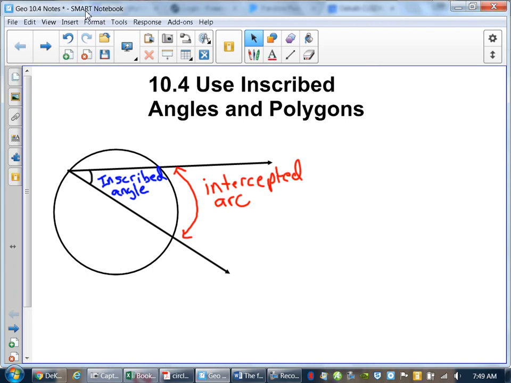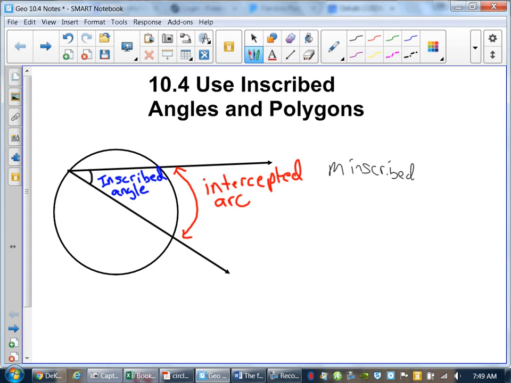Pretty darn simple. The measure of an inscribed angle equals half the measure of its arc.